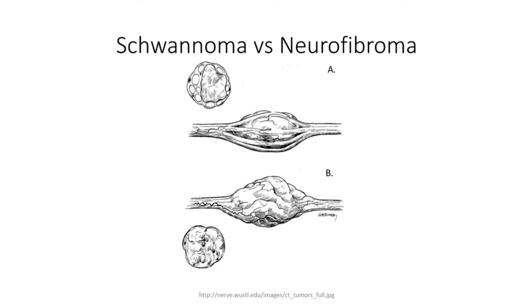But also importantly, whatever fascicles are involved can often be separated from the other fascicles surrounding it. So say, in the median or ulnar nerve, the proximal arm, just because there's a neurofibroma of the median nerve does not mean the entire median nerve has to be sacrificed. It just means that some of the nerve fascicles within that nerve bundle will need to be.